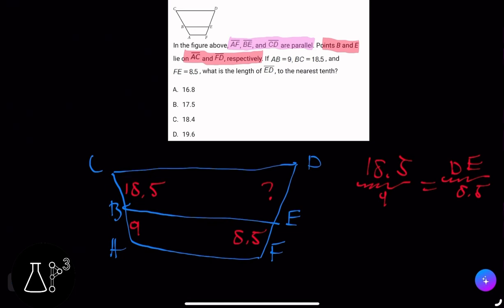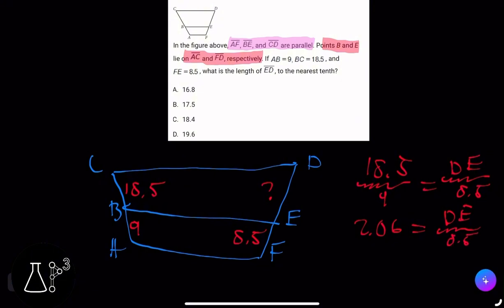So if I were to do 18.5 divided by 9, which you can use a calculator to make sure your calculations are correct, I am going to get a very huge decimal of 2 point with a lot of zeros. So if I just round it up, I'm going to get 2.06, which then equals DE divided by 8.5.